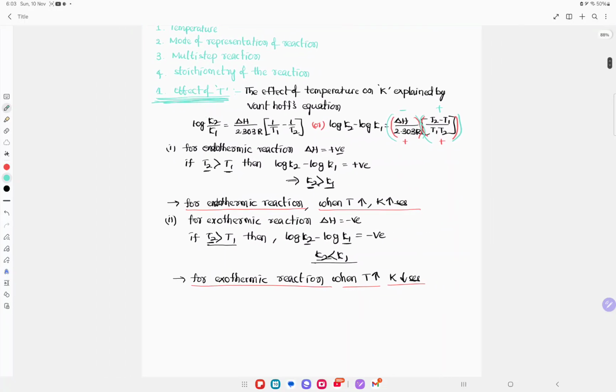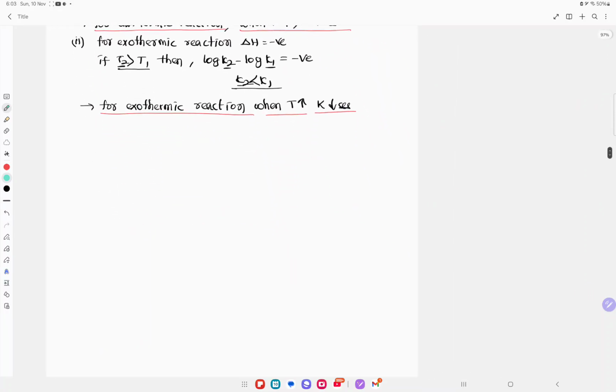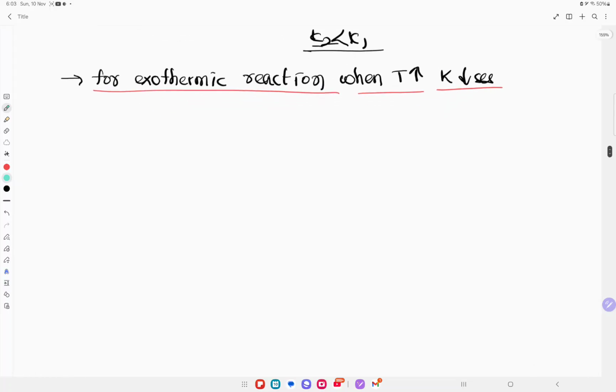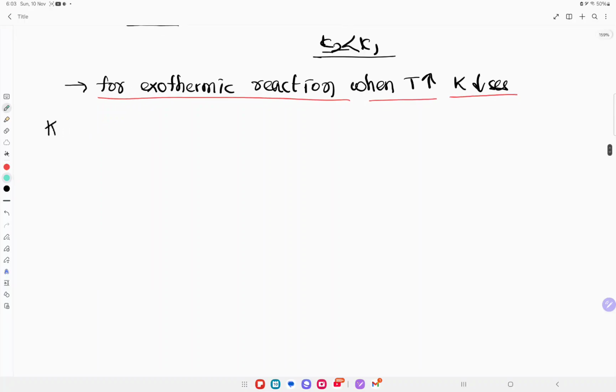Now second one, mode of representation of reversible reaction. Second factor, mode of representation of reaction. For only reversible reactions we talk about equilibrium constant.